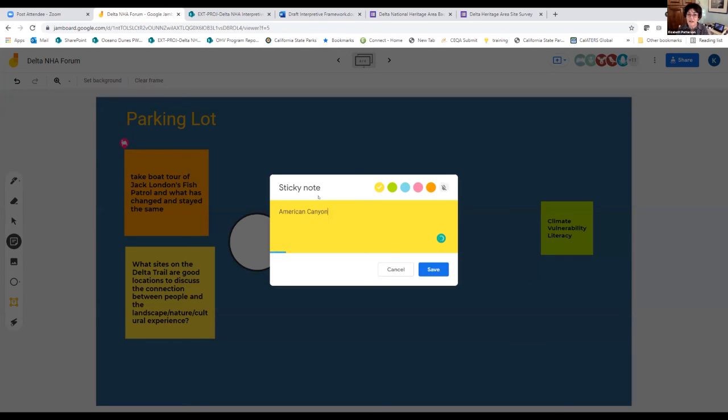And then another really good example, and I think I mentioned this before in one of our meetings, is in Napa, they have the trail that goes through the industrial park by the river. And there's presentations along the way, both in an artistic and cultural way, but also linking the trail.